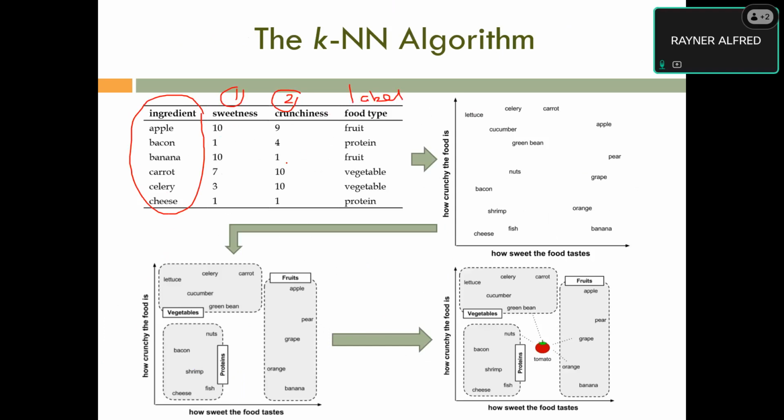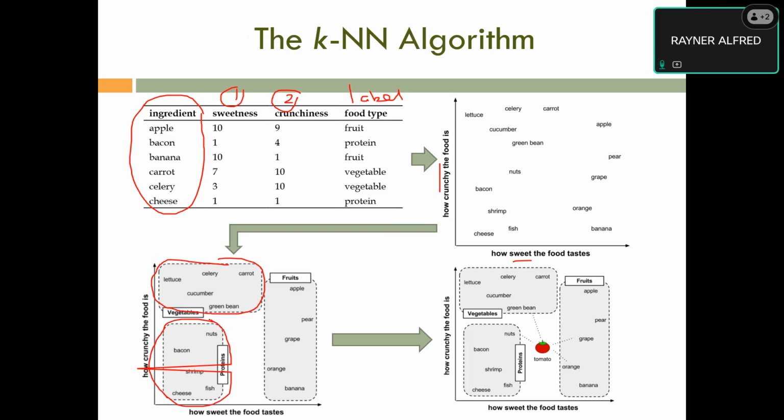When we plot this in 2D, sweetness versus crunchiness, we are grouping them into their own friends, nearest neighbors.